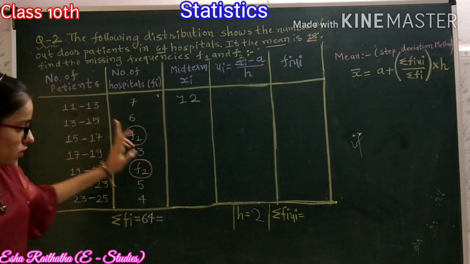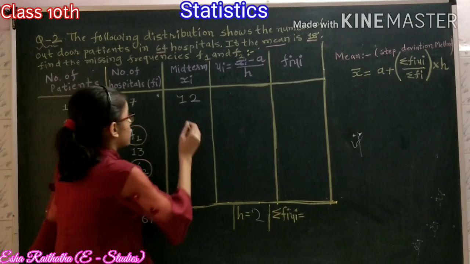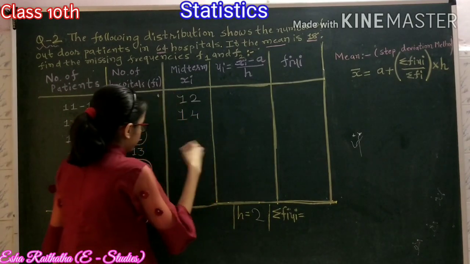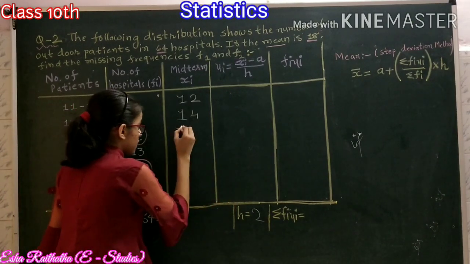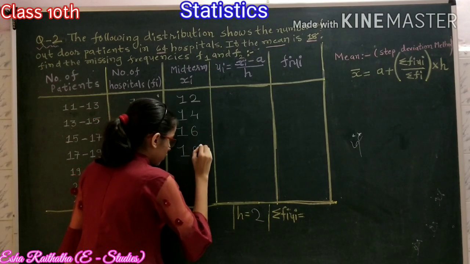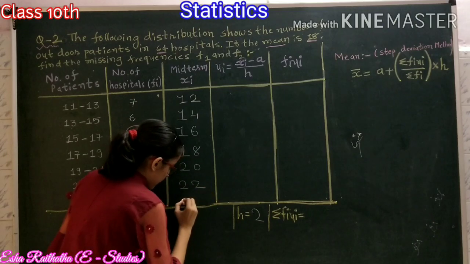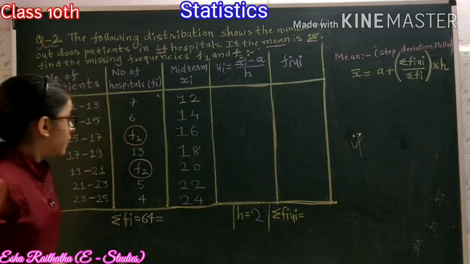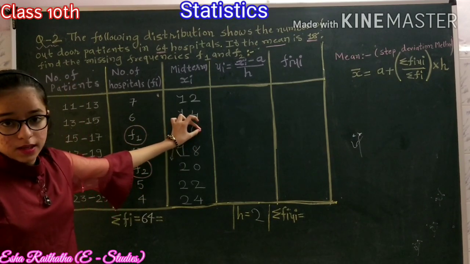So now we have to add 2 here. 12 plus 2 will be 14. Then we continue as done earlier: 16, 18, 20, 22 and 24.